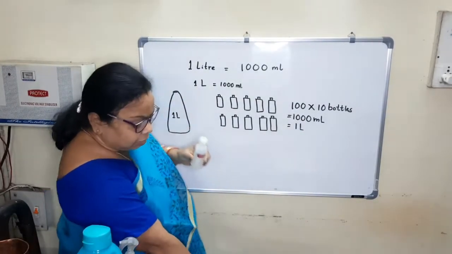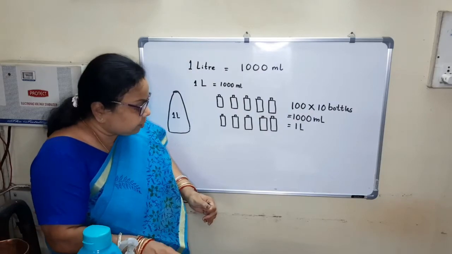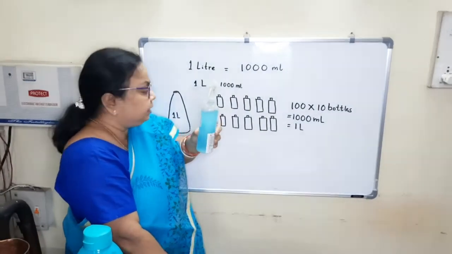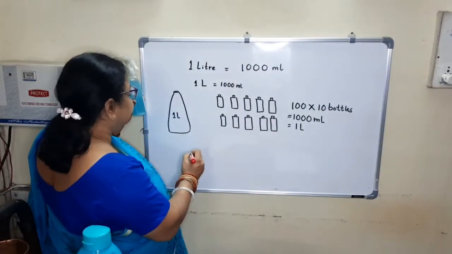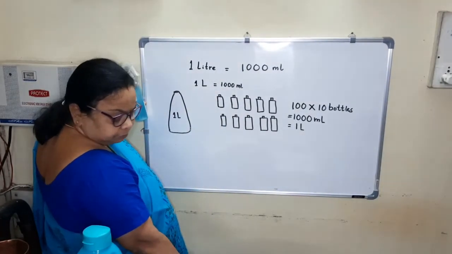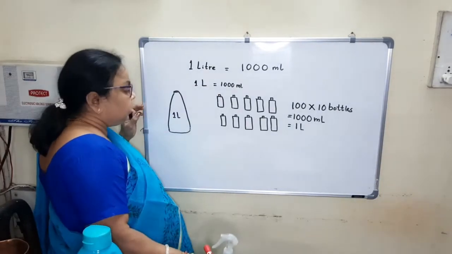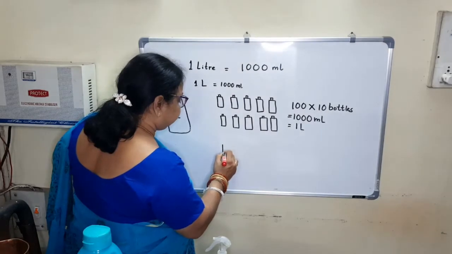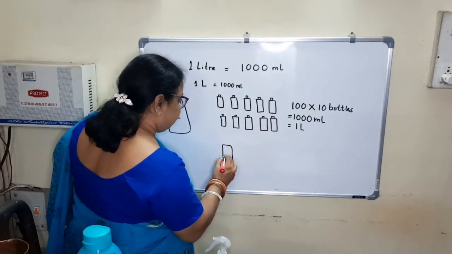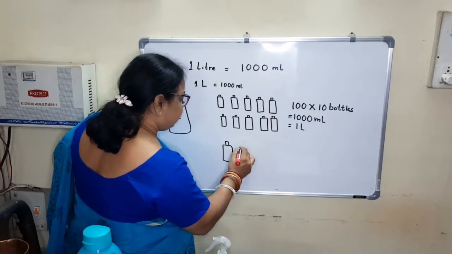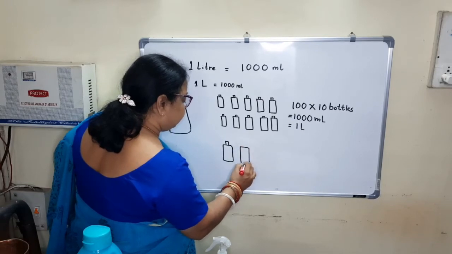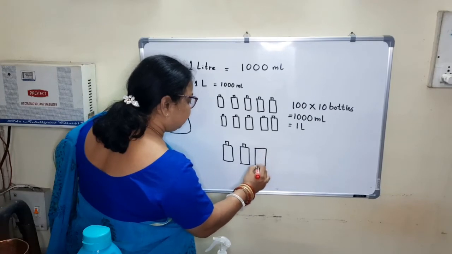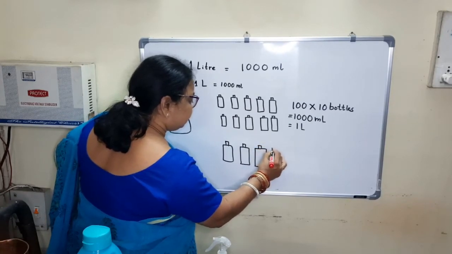Children, now you see, it is 250 milliliter. How do we express it? Now you see one bottle, then another bottle, then another bottle, then another bottle.